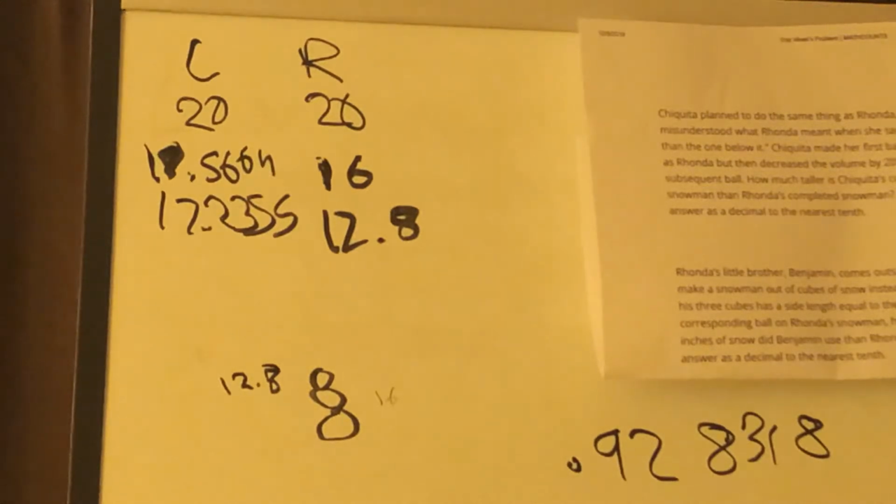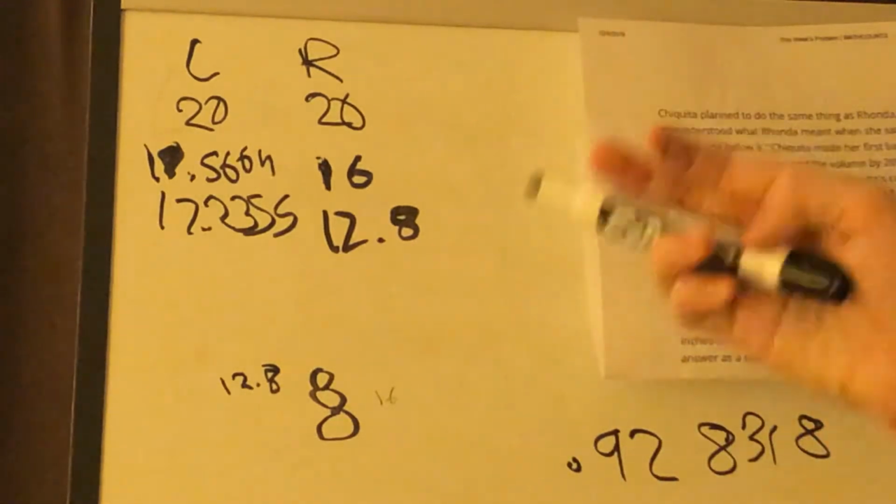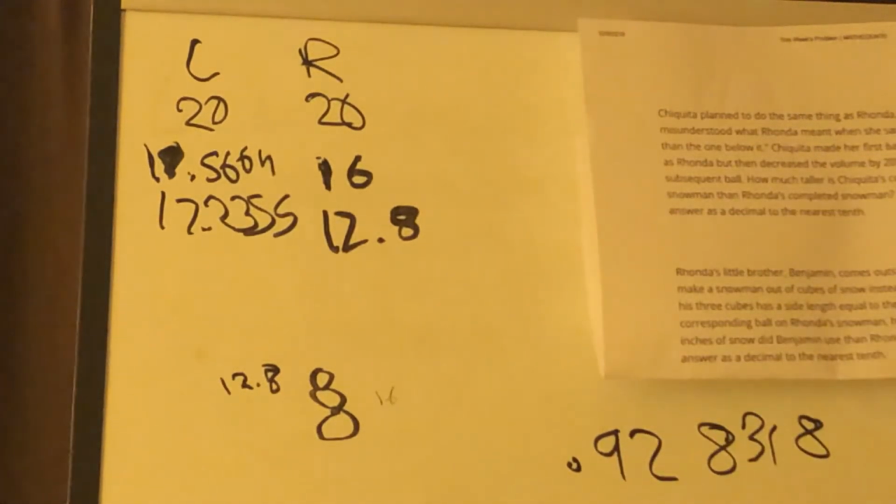We have 20 plus 18.5664 plus 17.2355. Then we have that subtracted by 36. 48.8 is the total height of Rhonda's snowman. Remember, these are the diameters of all the balls, which are going to give us the height.